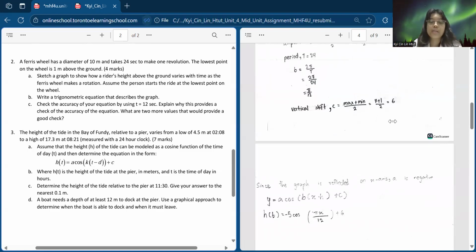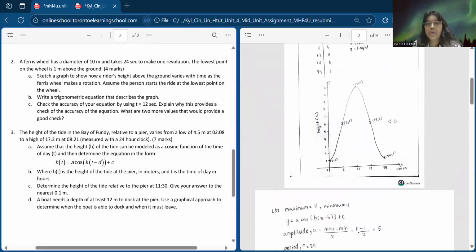Now, there are 2 ways to actually calculate this. One way is pretending that this graph is not actually reflected, but just shifted. If it actually shifted, then it would shift 12 units, which means the horizontal shift h would be 12 units. But for me, I find the reflection method a lot easier. So instead of assuming that this is where the graph really starts and it's just shifted, I assume the graph is somehow reflected.